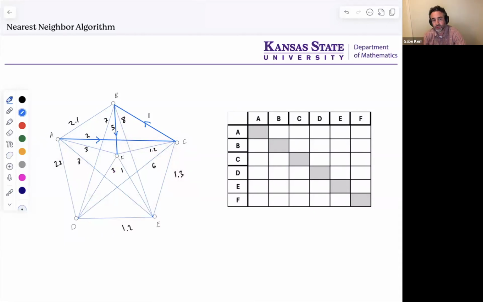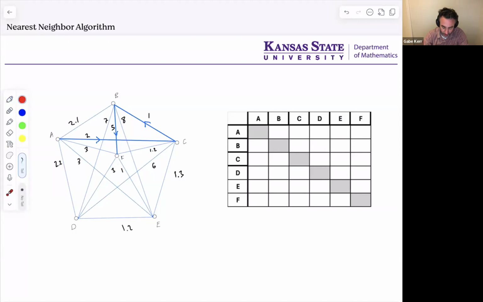Well, sometimes when you think of this as a route problem, that number could be like the distance, how far away that neighbor is. So you could think of that number as telling you, okay, for the first trip, it's 2 miles away from A to C. And then from C to B, it's 1 mile away. And then B to F is 5 miles. Okay, so that's why we call it nearest neighbor.